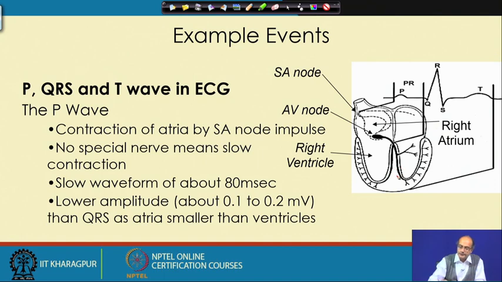These valves open because of the pressure, and the blood starts getting released from the left atrium to the left ventricle, and the right atrium to the right ventricle. So that activity is started, and we get that from the P wave of the ECG signal.